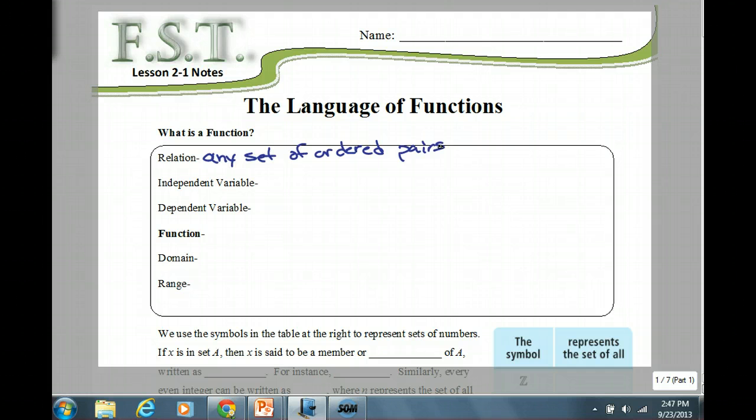Okay? An independent variable is always the first variable in the ordered pair, or the x value. And the dependent variable is always the second variable in the ordered pair, or the y value.